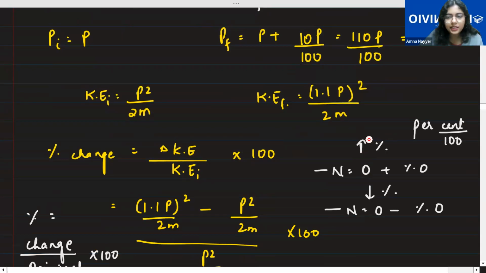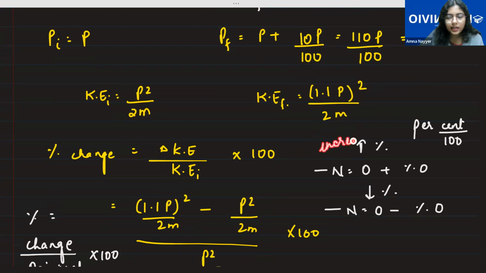Whenever there is a percentage increase, the new quantity is given by the original plus whatever is the percentage increase given. And if it's a decrease in percentage, then the new quantity is given by the original minus the percentage of the original. So this is what we have already studied from the lower classes.